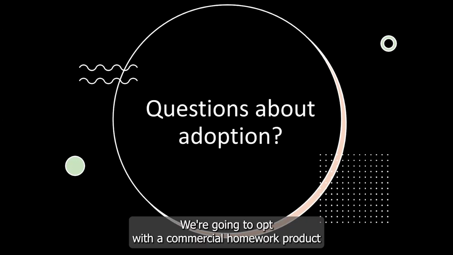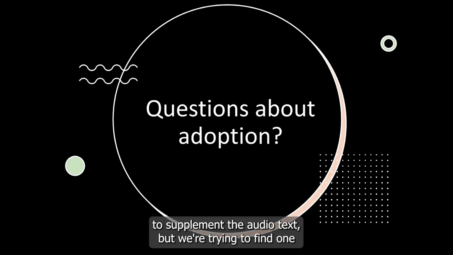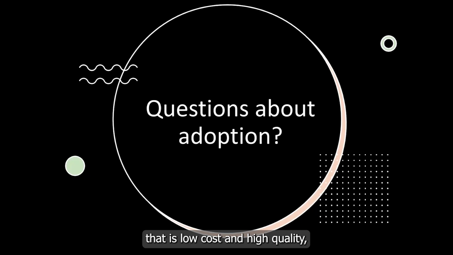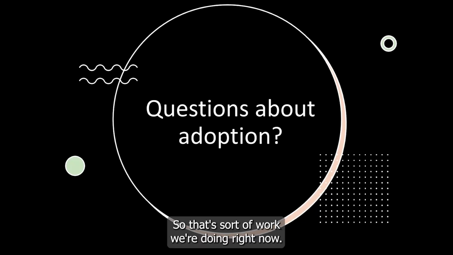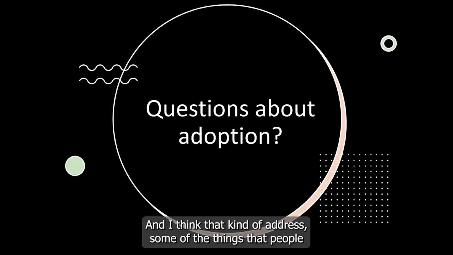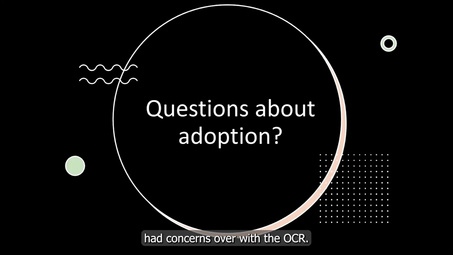We're going to opt for a commercial homework product to supplement the OER text, but we're trying to find one that is low cost and high quality, and that aligns really well with the OER text. So that's work we're doing right now. And I think that addressed some of the things that people had concerns over with the OER.